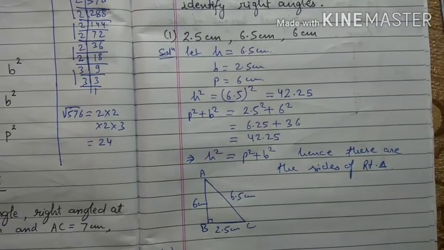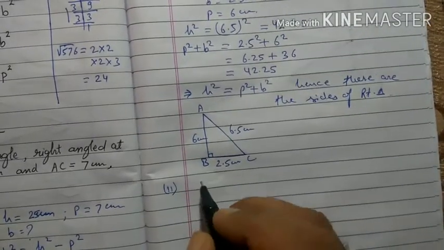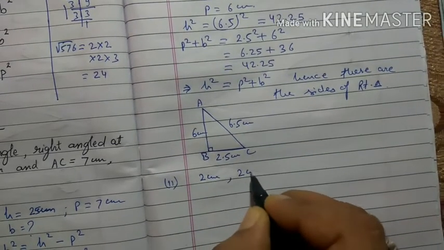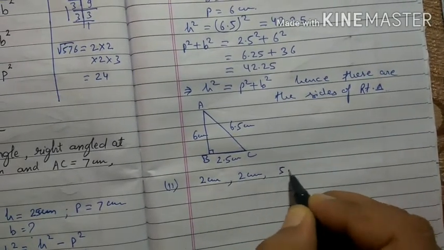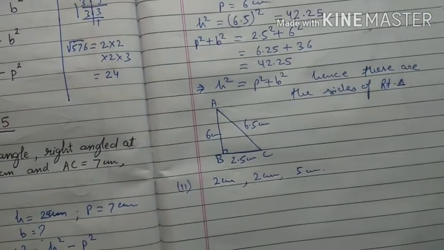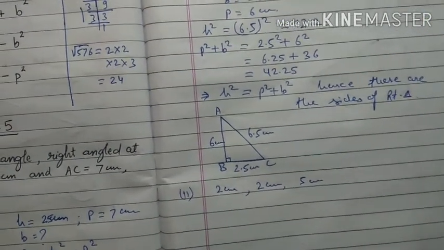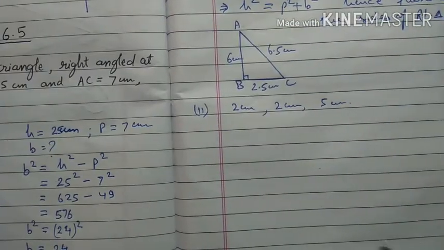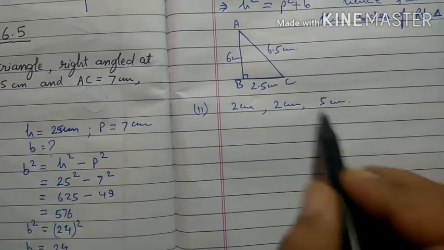Now this way we have to do the second question also. The second question is the sides are 2 centimeter, 2 centimeter, and 5 centimeter. We need to check whether these sides form a right angle triangle or not. So again with the same rule, we have to take the square of the biggest side.